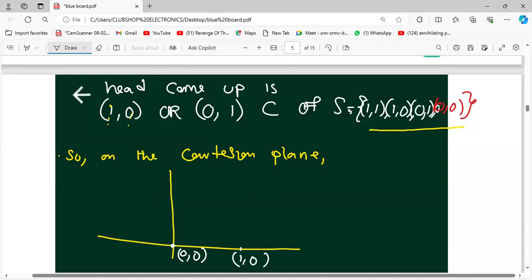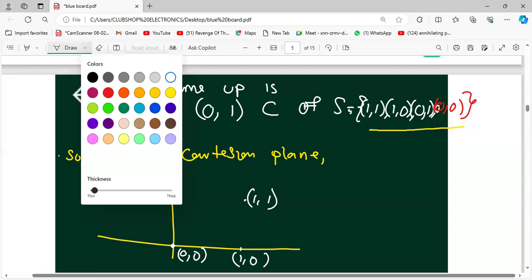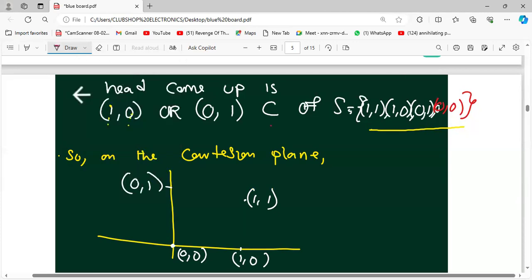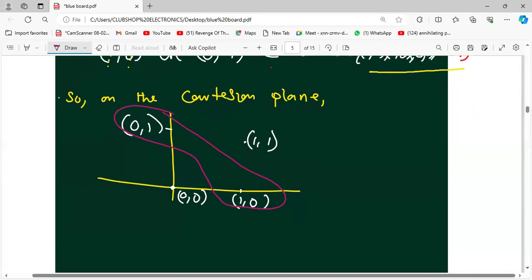And somewhere here we have 1, 1. And here we have 0, 1. And now, our interest is 1, 0. So we have got this, and this is just part of these four.